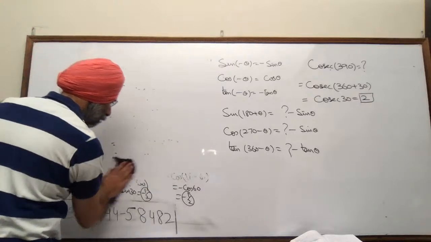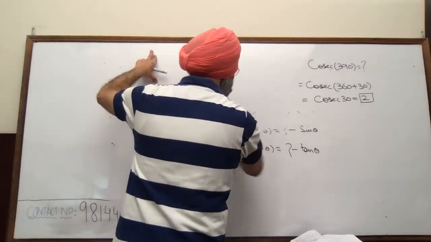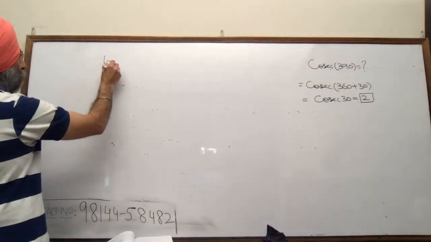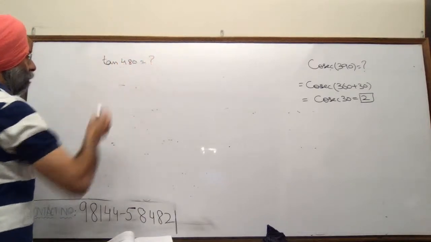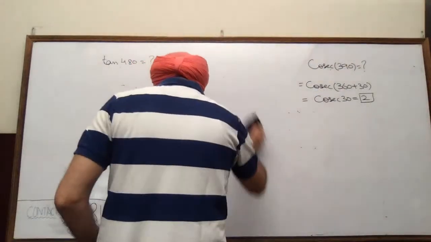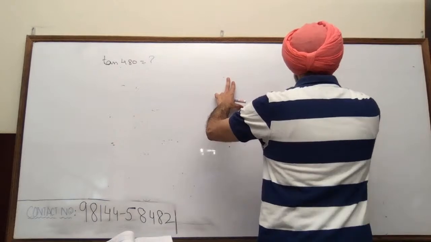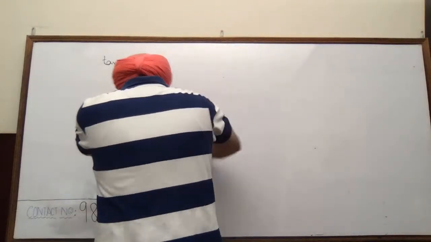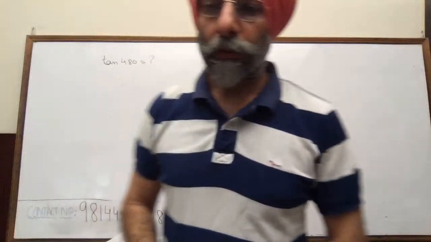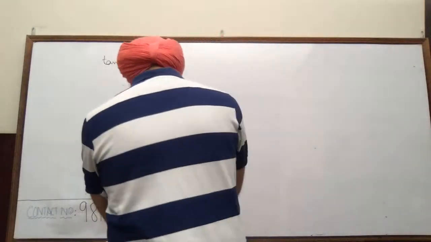The first one is: find out the value of tan of 480 degrees. All of you.